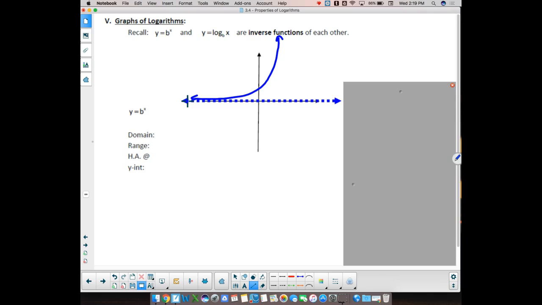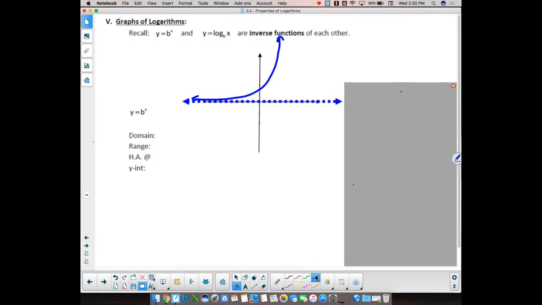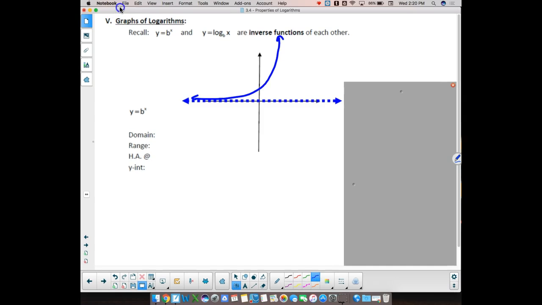What would the domain of that function be? Domain of my blue. All real numbers. I can plug anything in there for x and get out a value. Range of my blue. Y is greater than 0. Y cannot be 0. Y can't be less than 0.